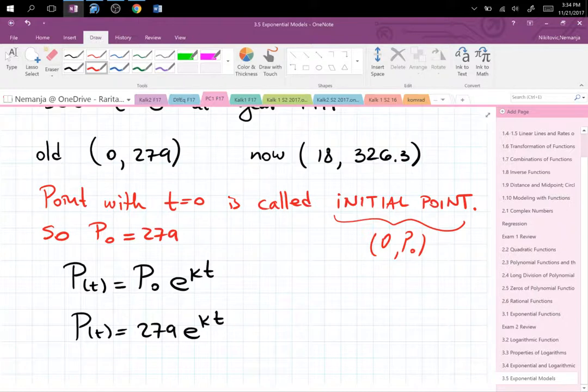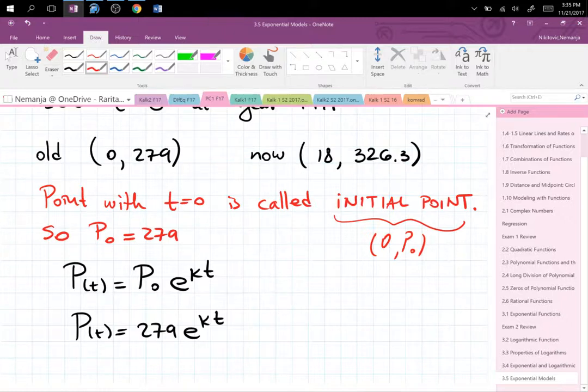You go to a bank, you invest $1,000 and you wait. That $1,000 is the initial money you put in a bank account. It happens at time 0. You just open the account and you deposit that money. So that is now time 0. Everything begins from that point in time. So that's why it's called initial. And then you wait 1 year, 2 years, 5 years, 10 years, and so on. So that's where the calculation begins. Now that we have this much, we are still looking for k.